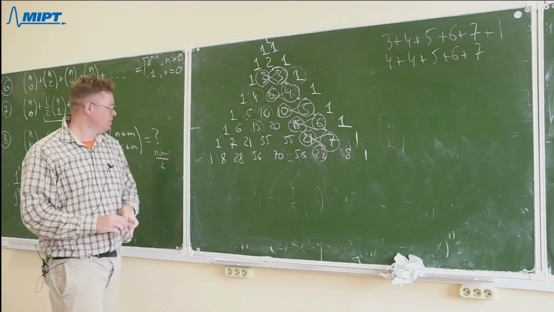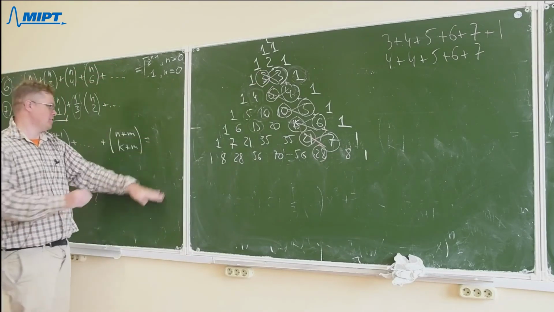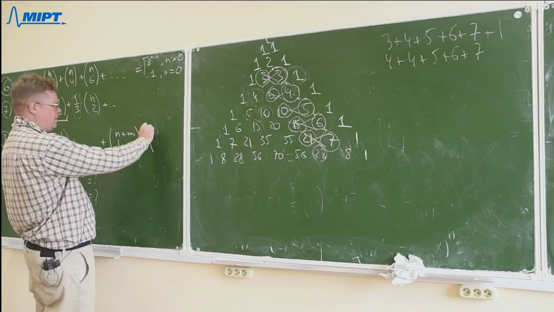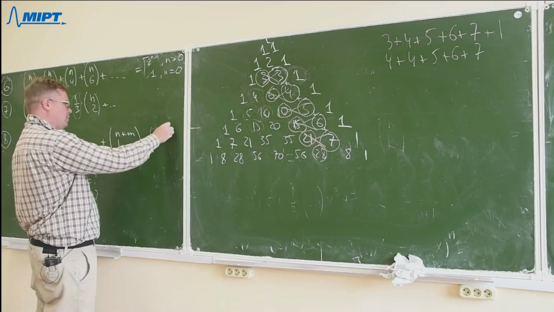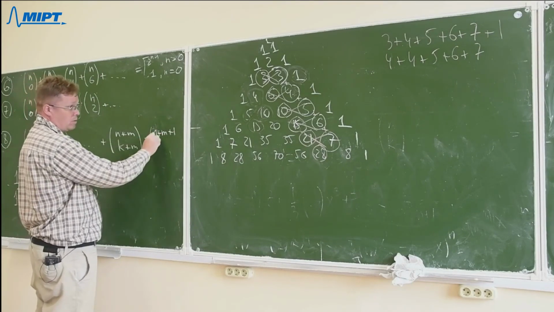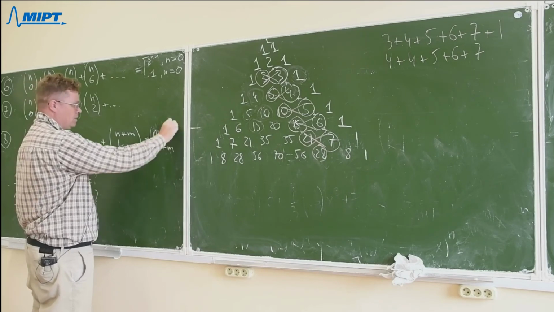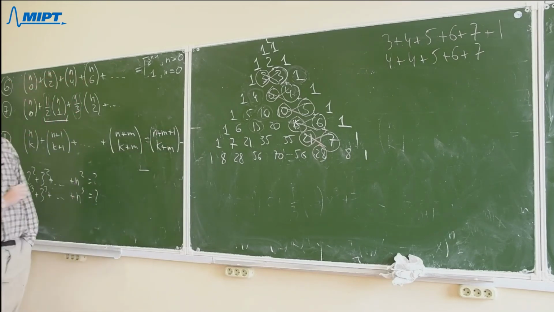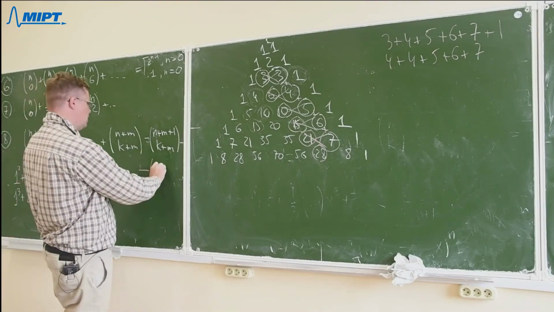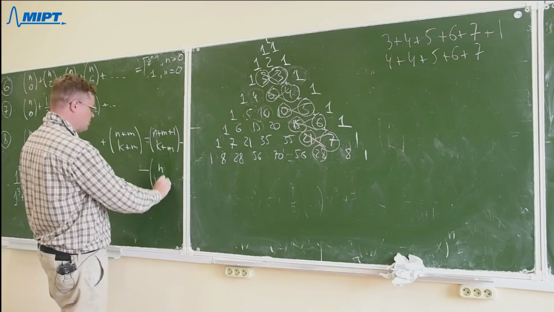So the sum is something like n plus m plus 1 over k plus n minus n over k minus 1.